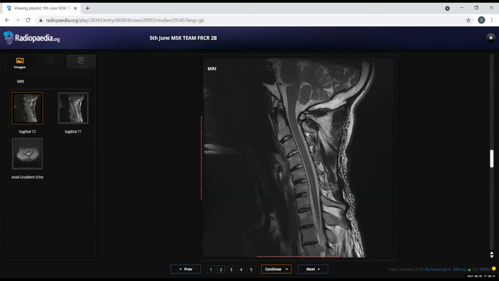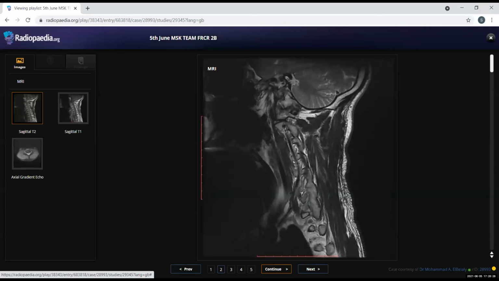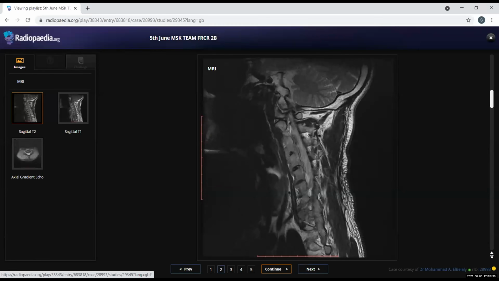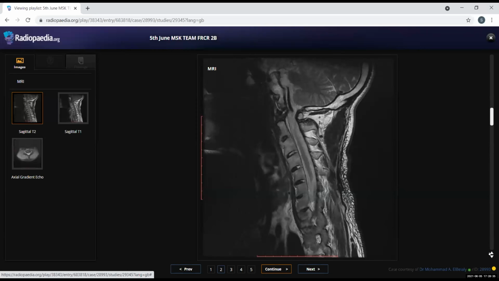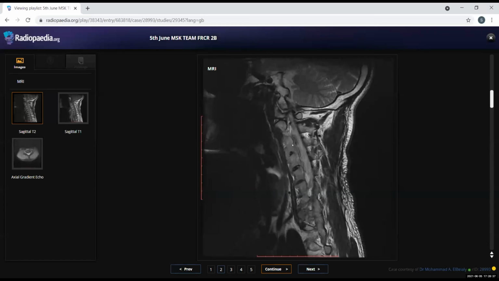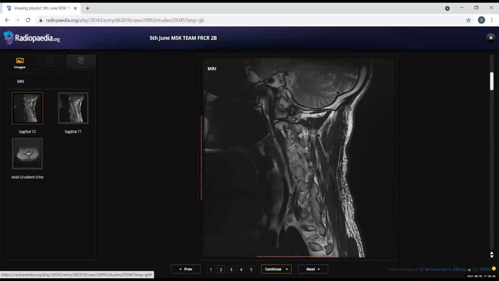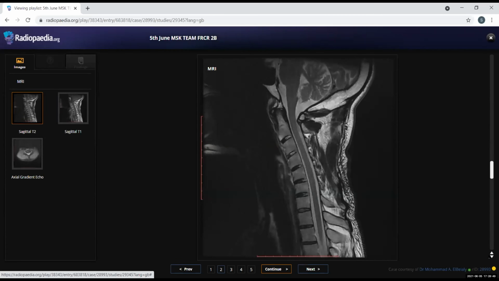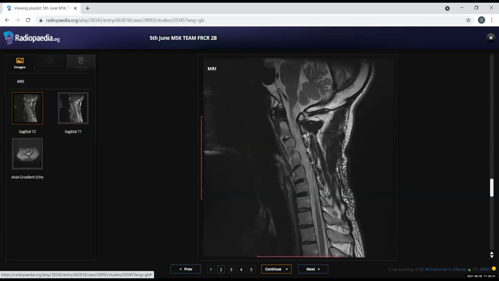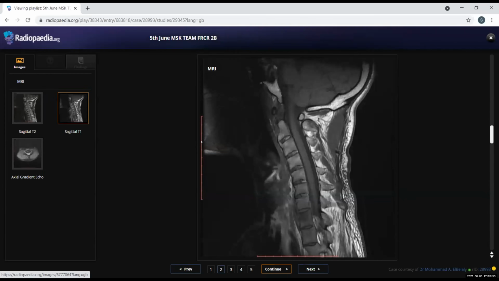I feel there is some fusion of the vertebral bodies anteriorly, as well as at some points posteriorly. Yes, at this point the vertebral bodies are fused together, and this is seen at multiple levels. Given that he is of young age, he seems to be having Klippel-Feil syndrome. I will revise other images to confirm.